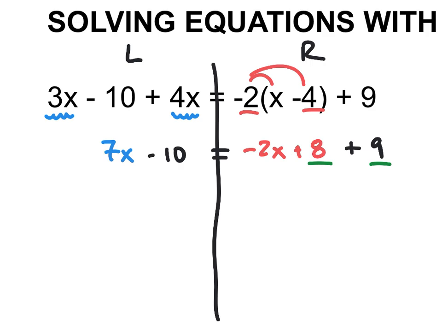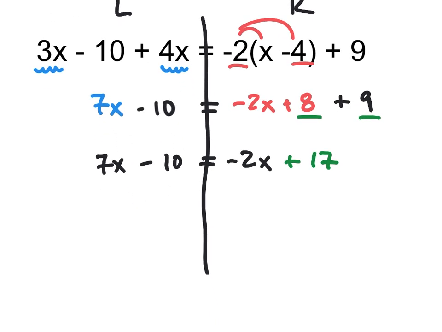So I'm going to drop down my left side, which is 7x minus 10 is equal to, I'm going to drop down my negative 2x, and then I'm going to add 8 and 9 together. Now, 8 plus 9 is going to give me plus 17, okay? And from here, what I can do is now we can start moving your variable terms to one side and your numbers, your non-variable terms, to the other.